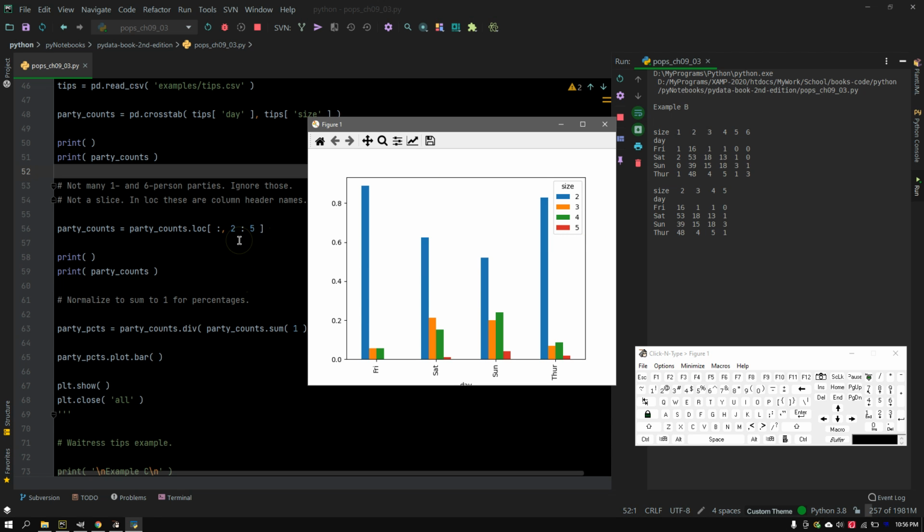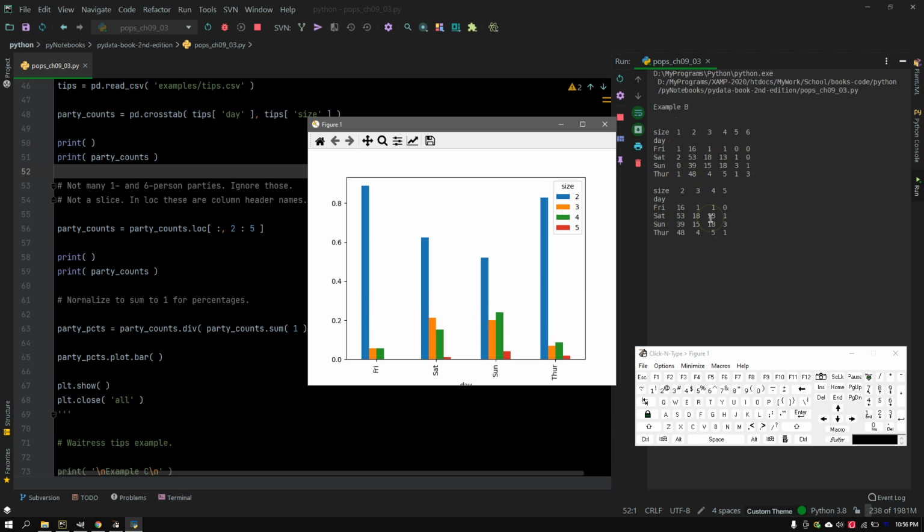I mean, these are not the column numbers. This is not a usual slice. This is loc. This is the name of the column. So we're going to ignore everything except columns 2 through 5. So we're ignoring column 1, which is one person dining alone, or 6 people dining, because apparently they have very little data when compared to the rest.